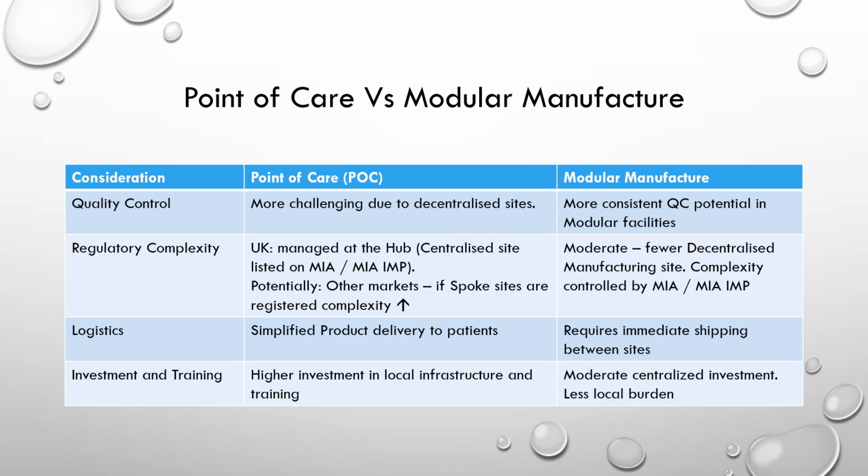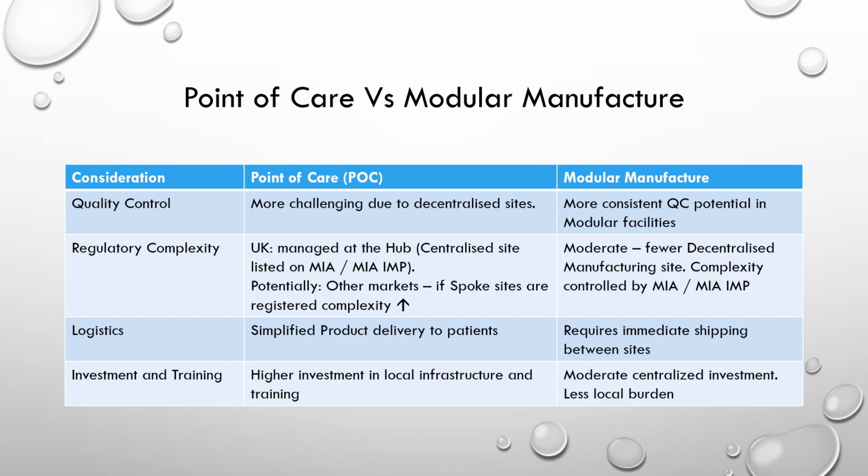Complexities. Well, in the UK, the centralized site is listed on the MIA, not all of the other sites, not the spoke sites. So I think it's quite straightforward. The only complexity relates to the manufacturing authorization holder that has to oversee all of the spoke sites, all of the decentralized manufacture sites.